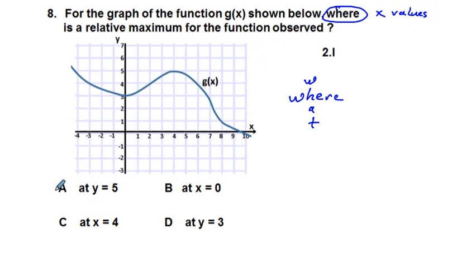now I think the distracting answer is answer choice A. Remember in the last one I said be wary of answer choice A? This is a very good example, because if you look at y equals A, well, there's that maximum right there. But the real answer is where it occurs, which is at x equals 4.